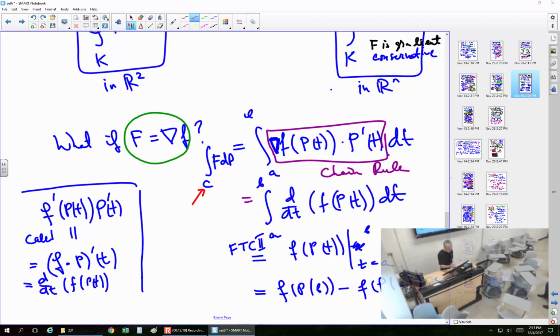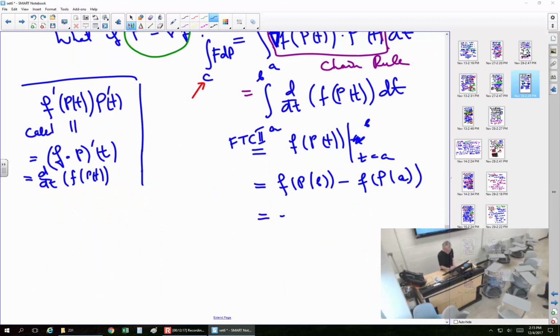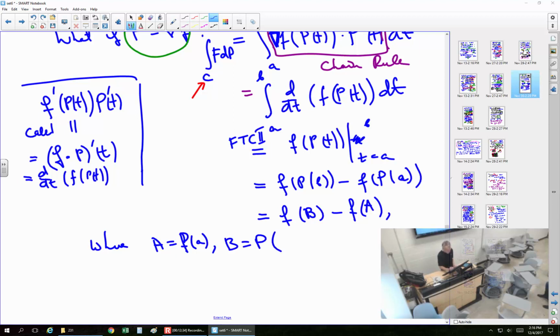So I can also make this a parameterization-free statement, as simple as F of B minus F of A, where naturally A is p of a lowercase, and B is p of b lowercase, and these are the endpoints of our curve. Okay?